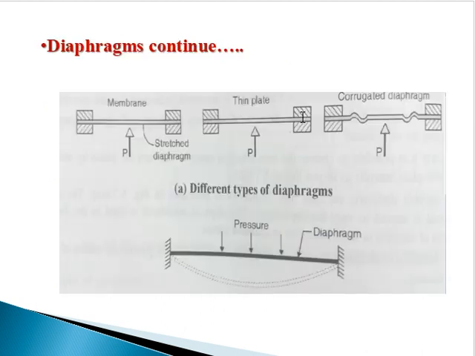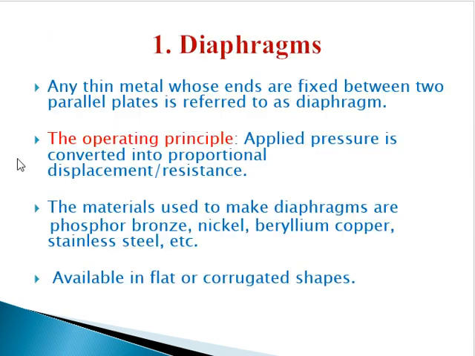In any diagram, the two ends are fixed, and in between, that membrane or thin plate or corrugated shape can be placed. Now we have to see which operating principle is used here.